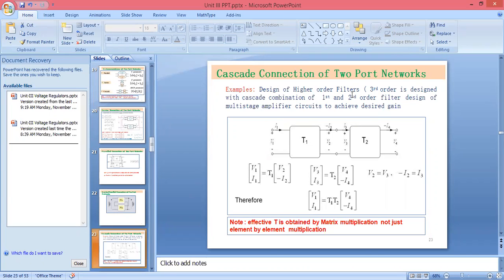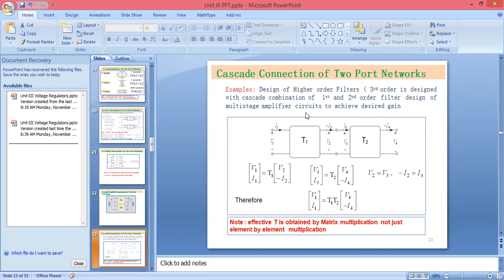We can design a third order filter with the cascade combination of first and second order filters for the multi-stage amplifier to achieve the desired gain. So we can use first and second order filters to make the higher order.